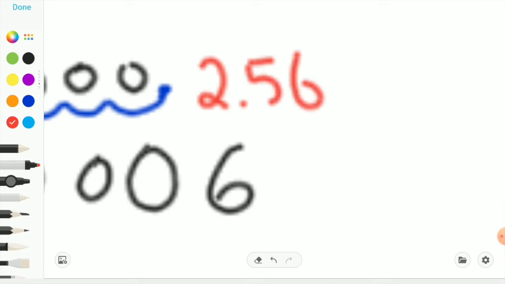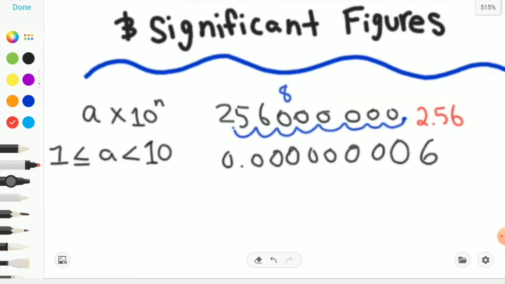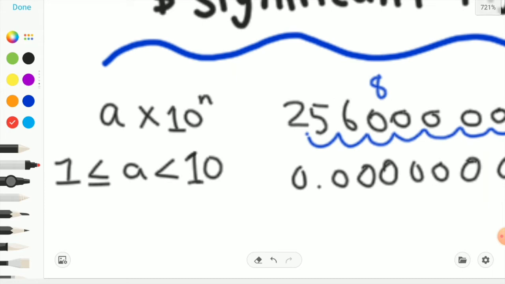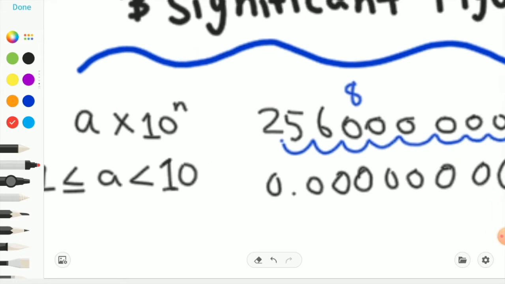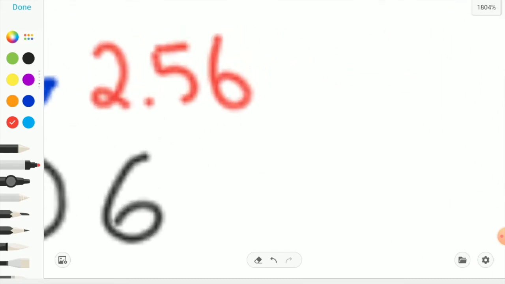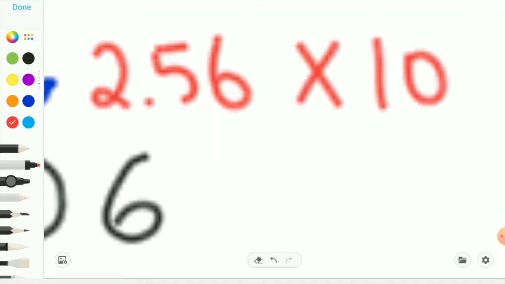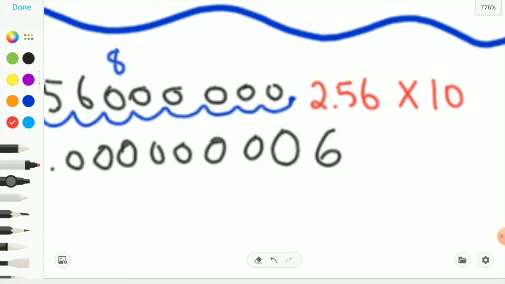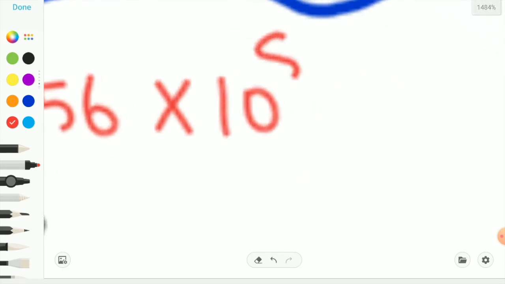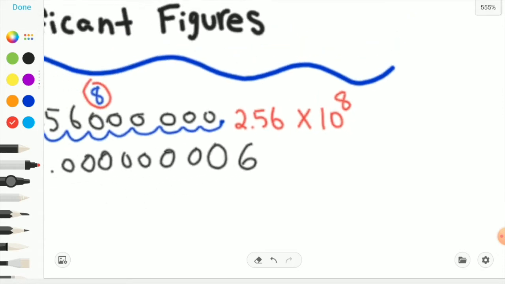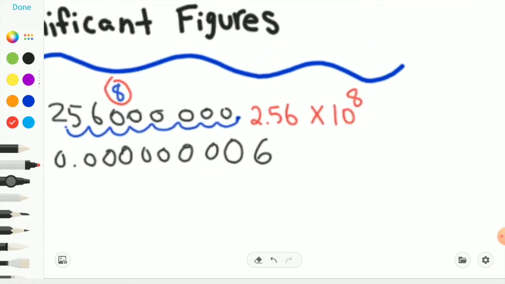Now it's going to be 2.56. Then if you look at the format, it's times 10. It's always going to be times 10, not 1,000 or anything. And then n is going to be this value right here, which is 8. And that is this number in scientific notation.